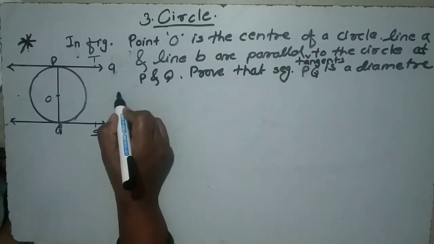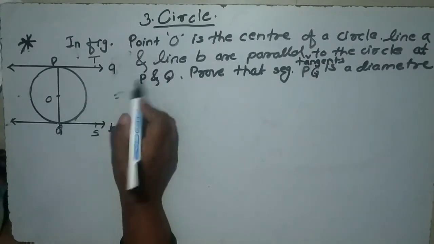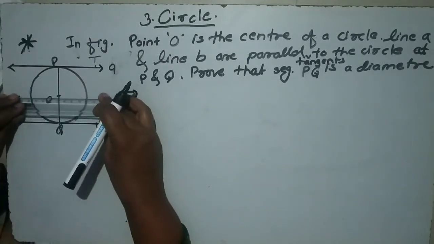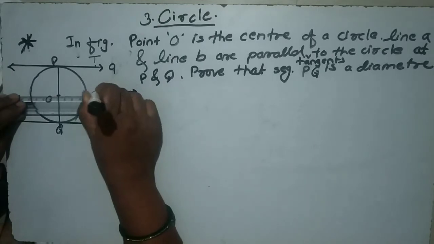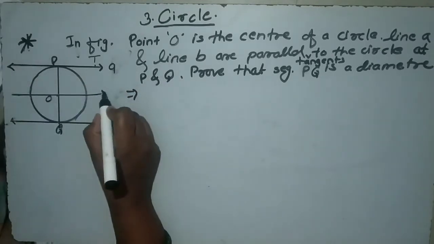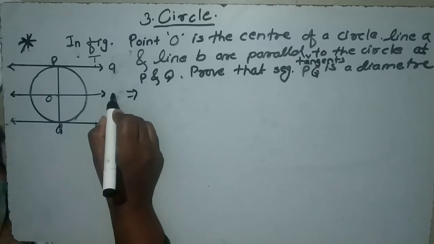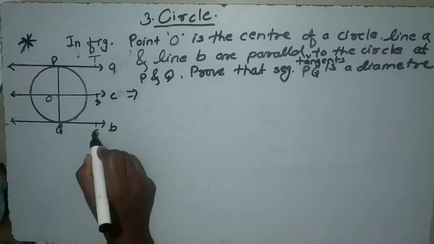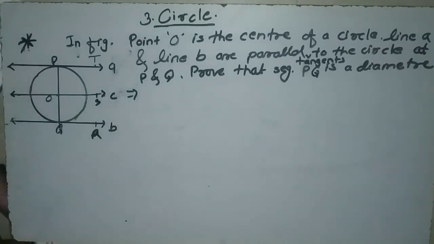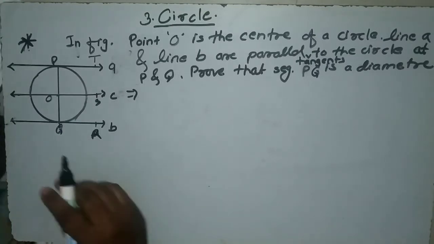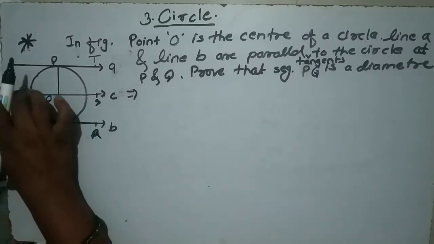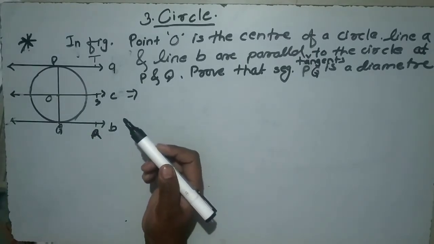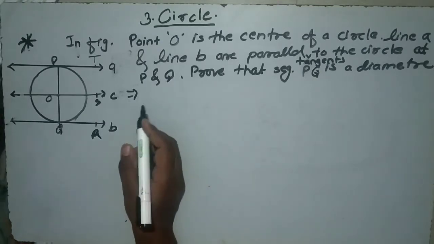For that, first we have to do a construction: we draw a line passing through O and parallel to A. This line I will name C, and I will take points S and R. Now the figure is in front of you. First of all, we will write the construction that we have done here.